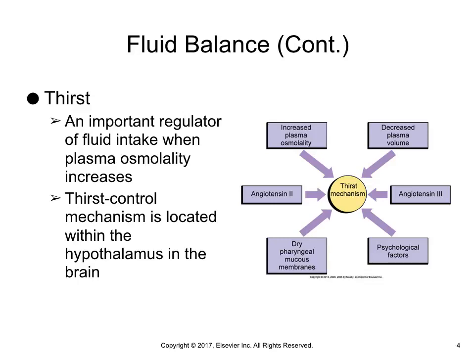The thirst control mechanism is located within the hypothalamus in the brain. Osmoreceptors continually monitor plasma osmolality. When it increases, they cause thirst by stimulating neurons in the hypothalamus, shown as Figure 42-5, stimuli affecting thirst mechanism.